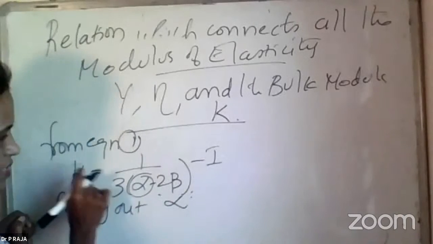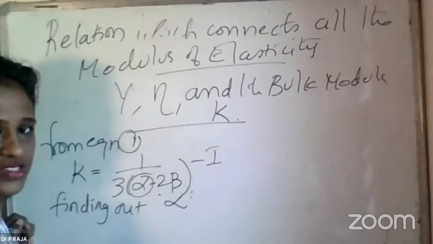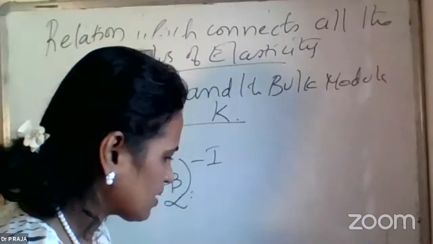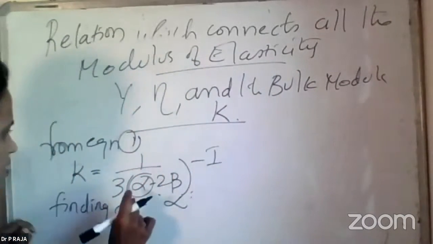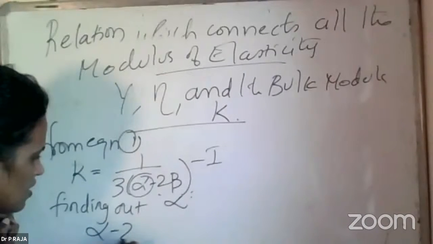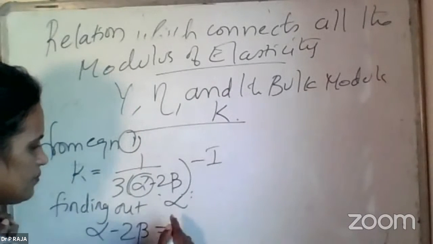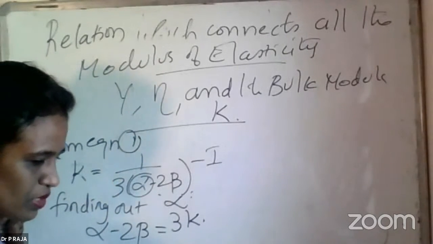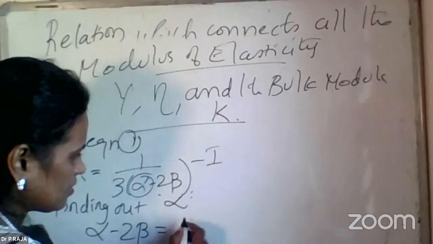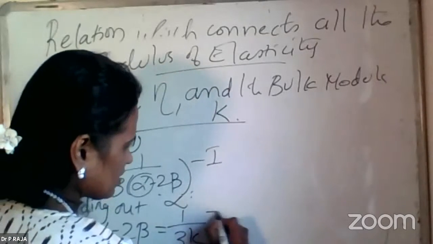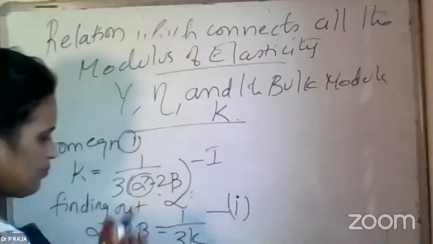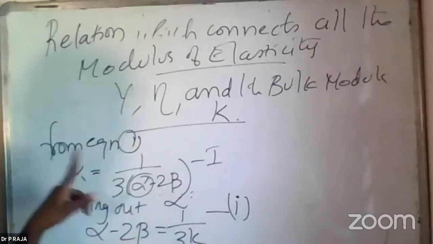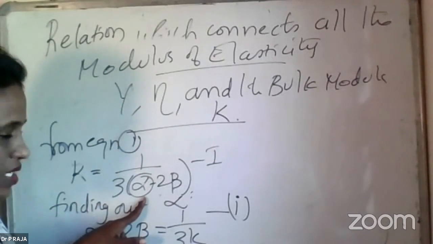I can take this on the other side and rearrange, and write it as alpha minus 2 beta is equal to, sorry, 1 by 3K. I will put it as equation number 1 in a small way: alpha minus 2 beta is equal to 1 by 3K. I'm bringing K to the other side.